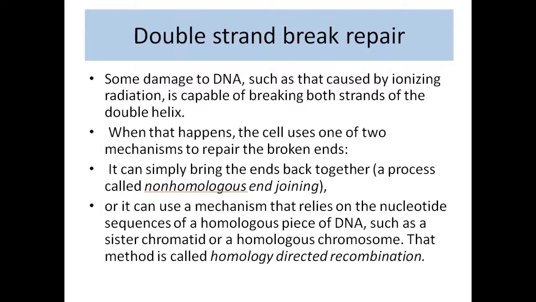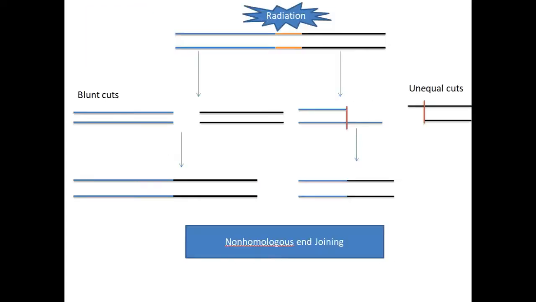And usually there are mainly two options by which we can overcome it. One is the non-homologous joining method, and the second one is homology-directed recombination.